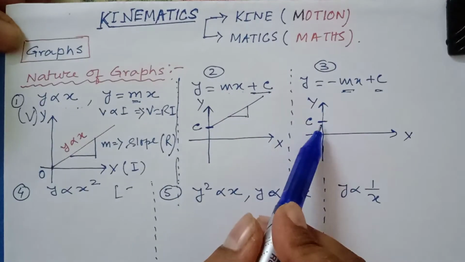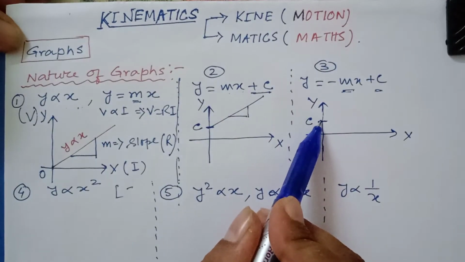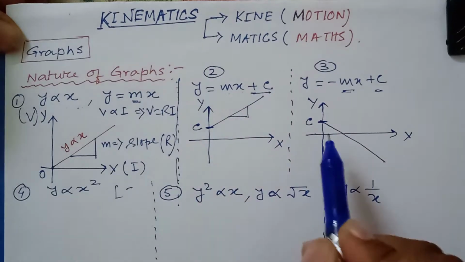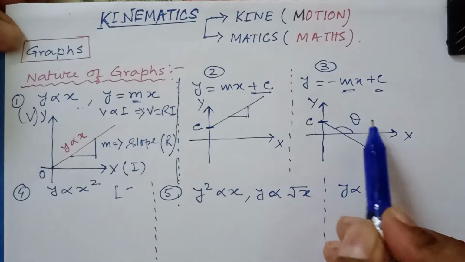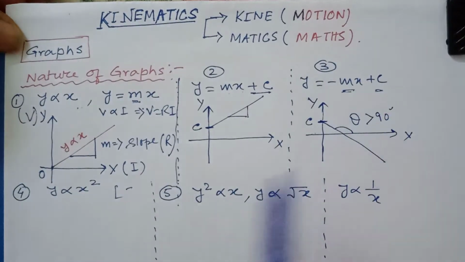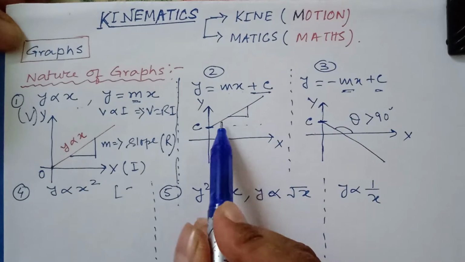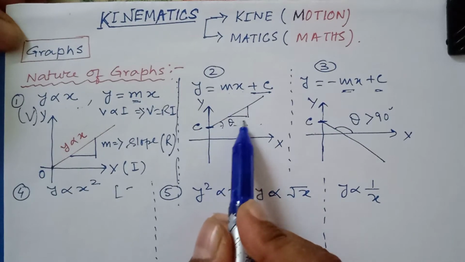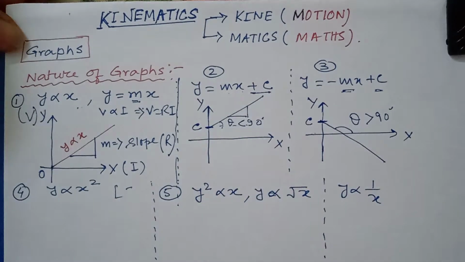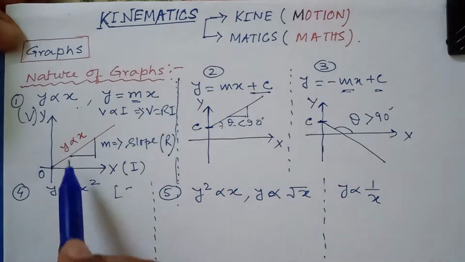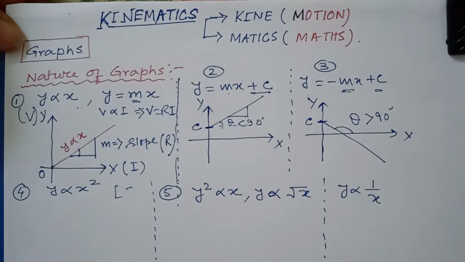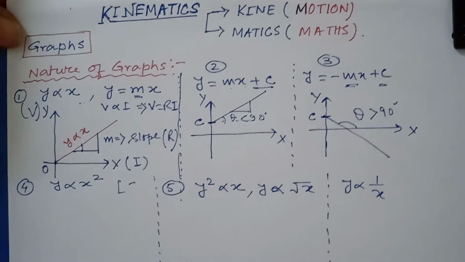And then minus mx means the slope will be negative, like this. See, the angle theta is greater than 90, an obtuse angle, which means slope is negative. Here you can see the slope is positive. Theta less than 90 means an acute angle, which means positive. Here also theta is an acute angle, so it means positive.